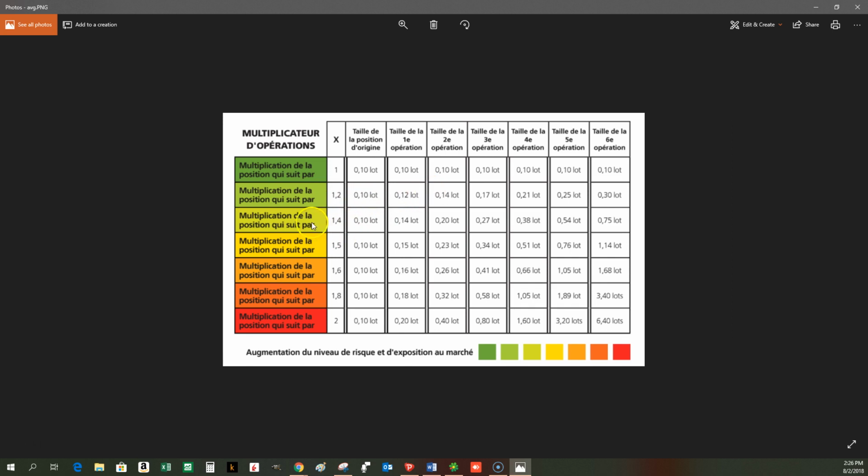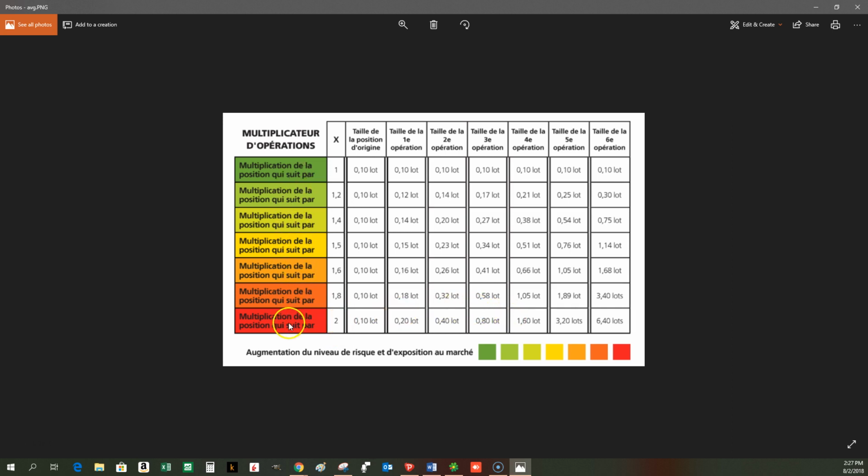All right. If I want to take more risk, I will multiply by 1.4. 0.10 lots multiplied by 1.4 is 0.14 lots. The biggest multiplication coefficient will be 2, but it's very dangerous.